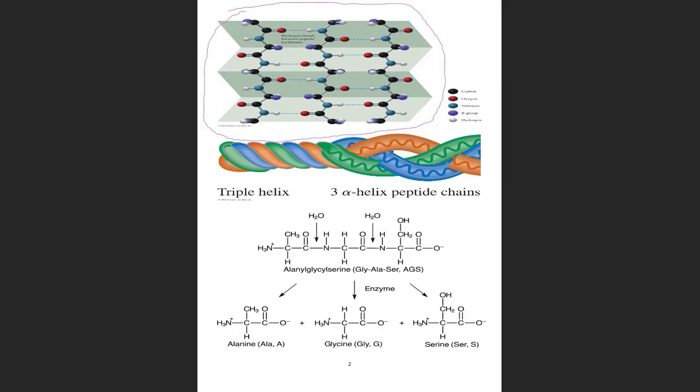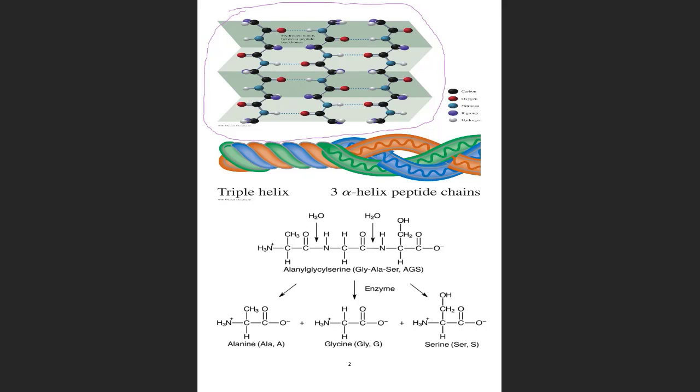And then the third level that we have is the tertiary structure. The tertiary structure will give you the overall 3-dimensional shape of the protein.